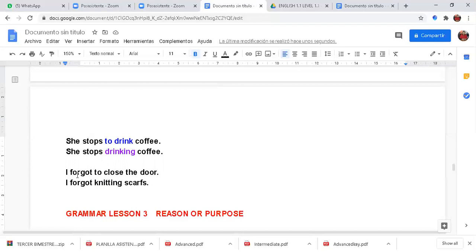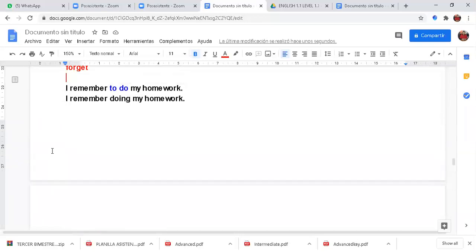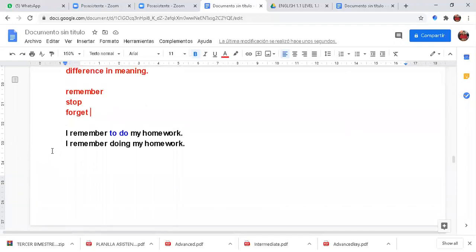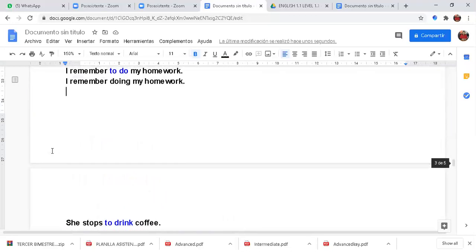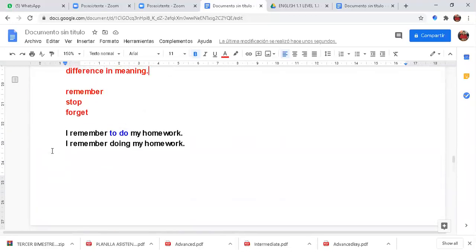Okay, so these are examples. These three verbs are special. Of course, there are I think two or three more, but this makes you notice the difference in the uses. Remember, stop and forget.